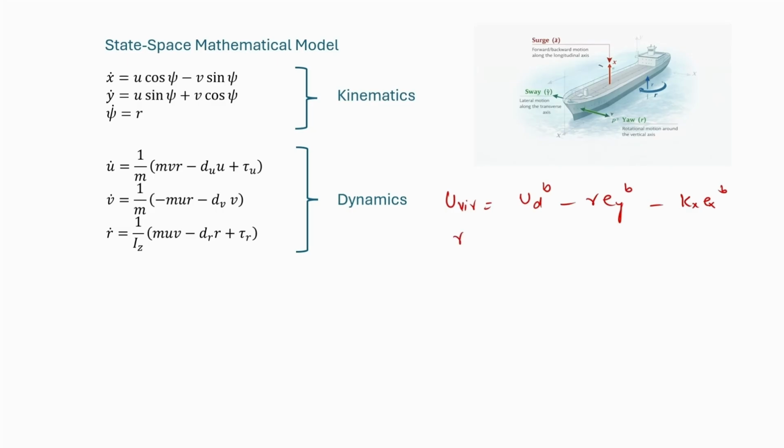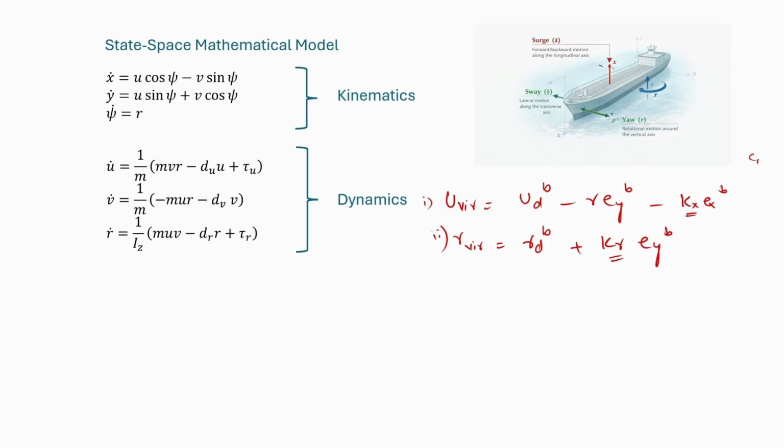And then I have this r virtual is equal to r db plus kr eyb. Don't get confused with this kx or kr. Previously, I think I used this constant c1. It's just a constant, and it should be a positive constant. Just note this. So we have these two virtual variables. Now, the idea is to make sure this u follows u virtual.